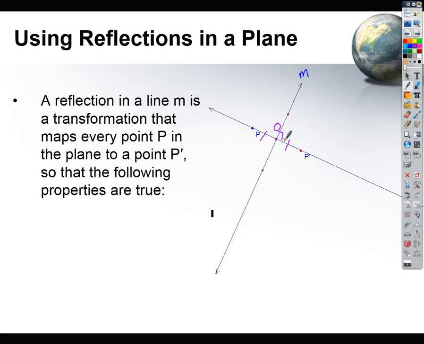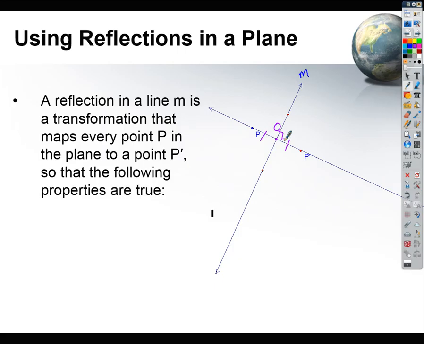Would PM be equal to P prime M? Okay, well, so in this case, what's that M mean? It's a line, right? So in this case, M refers to the entire line instead of all the points on the line.